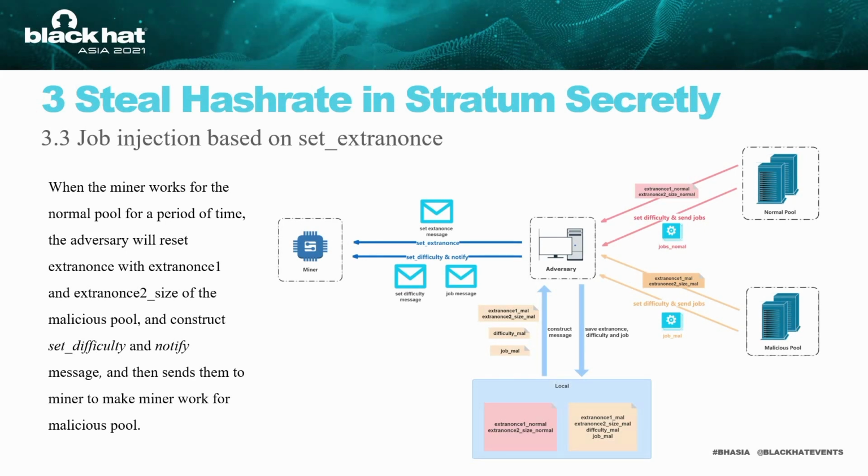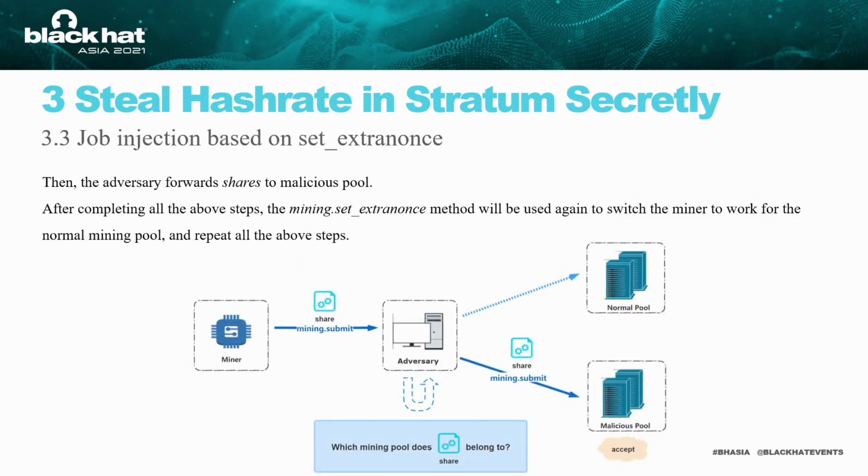Set extranonce is a standard method in the Stratum protocol, though it is very seldom seen in real-world Stratum traffic. But we read the documentation of the Stratum protocol and found it can be used for a man-in-the-middle attack. It can reset the extranonce 1. Then the adversary forwards the shares to the malicious pool.